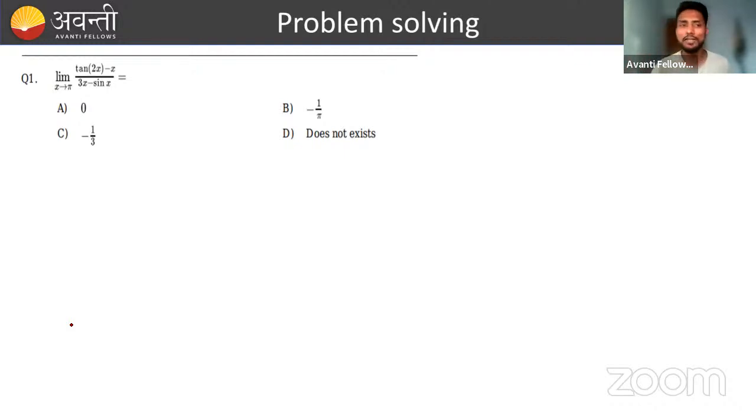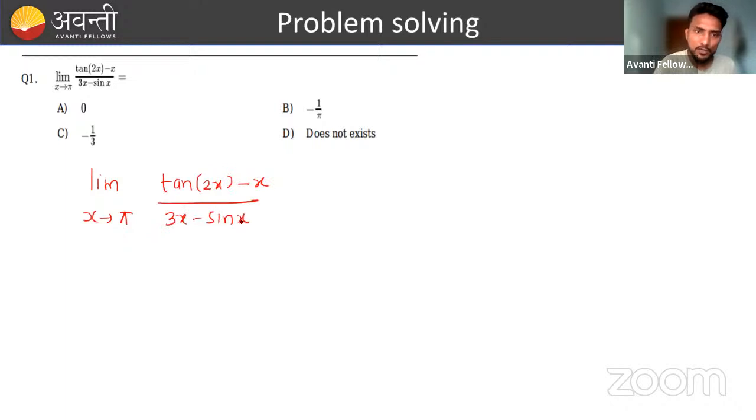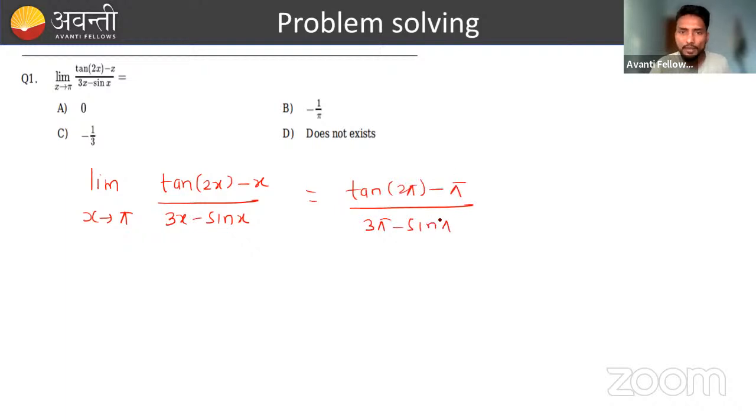So first of all, let me check whether it is an indeterminate form or a determinate form. So x tending to infinity, if I write tan of 2x minus x divided by 3x minus sin x. So I am putting in the value, so what will I get? I will get tan of 2 pi minus pi divided by 3 pi minus sin of pi.